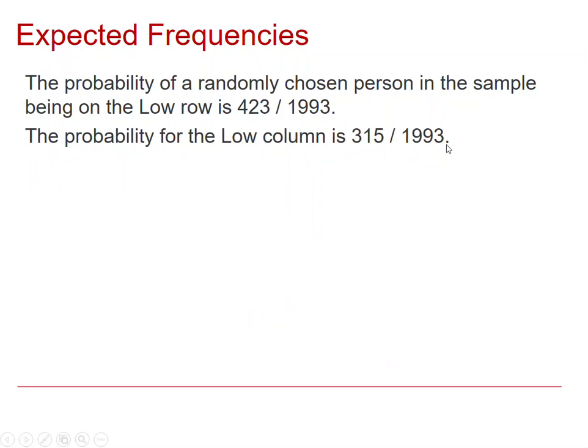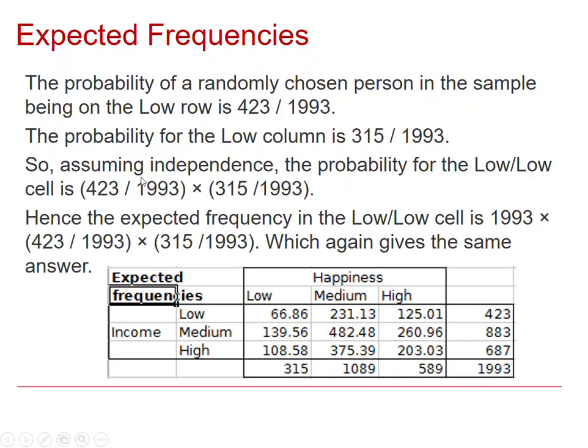If we assume that H0 is true and that the rows and columns are independent of each other, we are allowed then to multiply these two things together, and that would give us the probability of being in the low cell. Therefore, to calculate the expected frequency, we simply multiply by the total frequency, and you'll get the same answer again, 66.86.